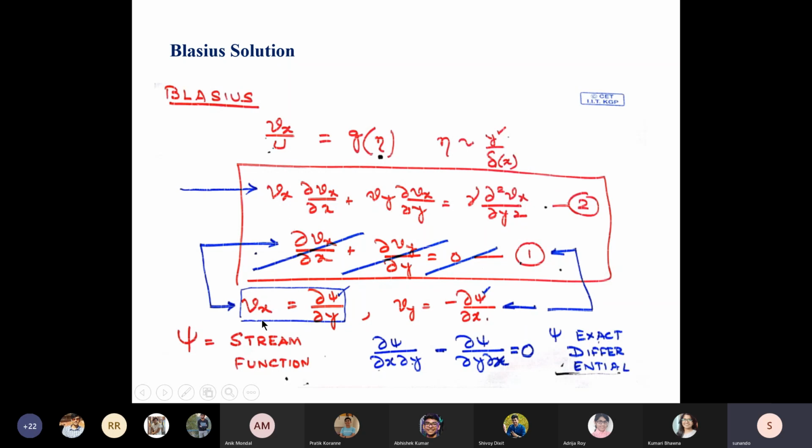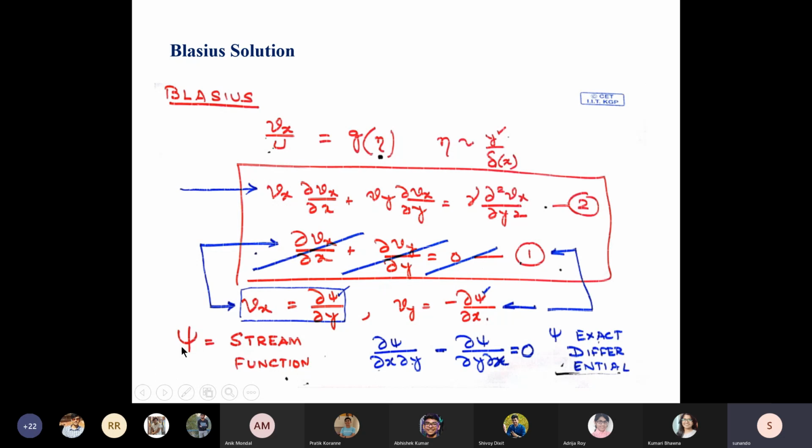The first step is to define a stream function. You know what a stream function is, and you know the relation between Vx and Vy in terms of the stream function. When you substitute in the continuity equation, as psi is an exact differential, this equation gets automatically satisfied.